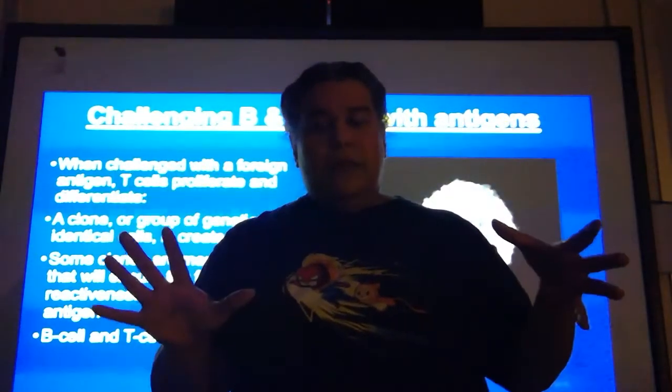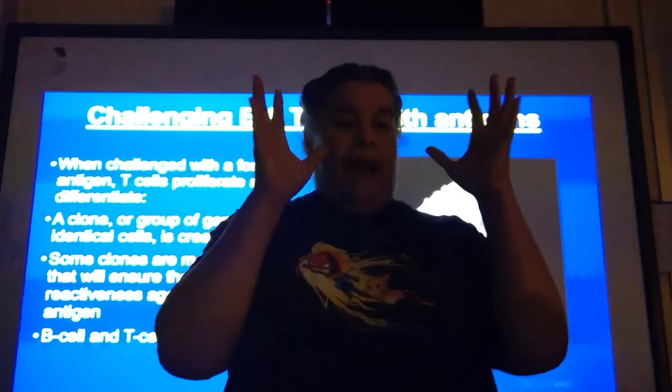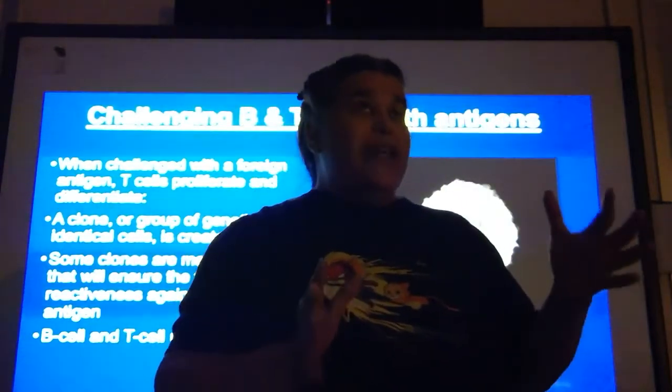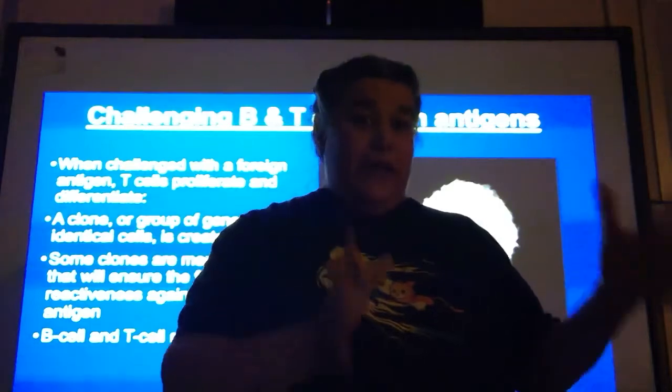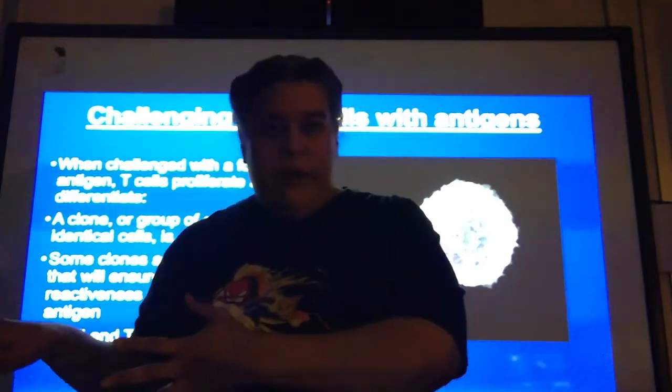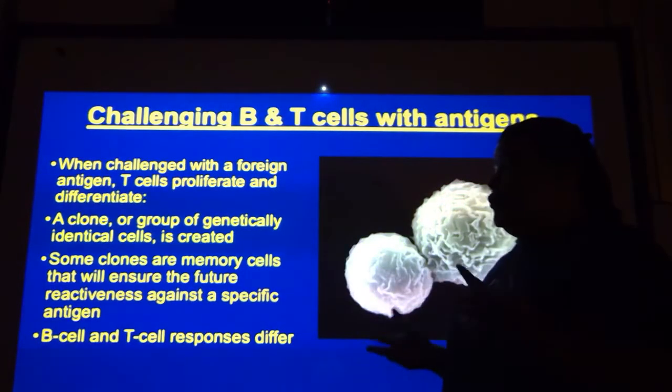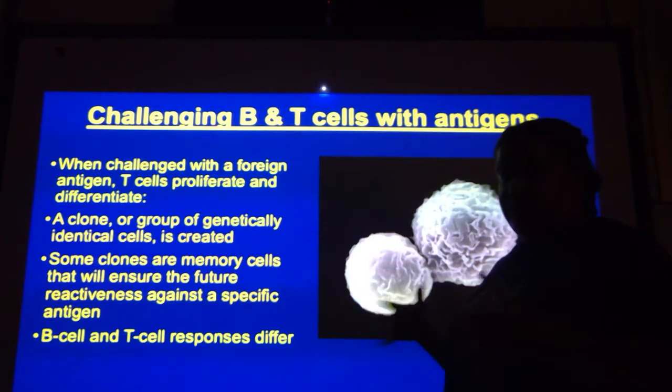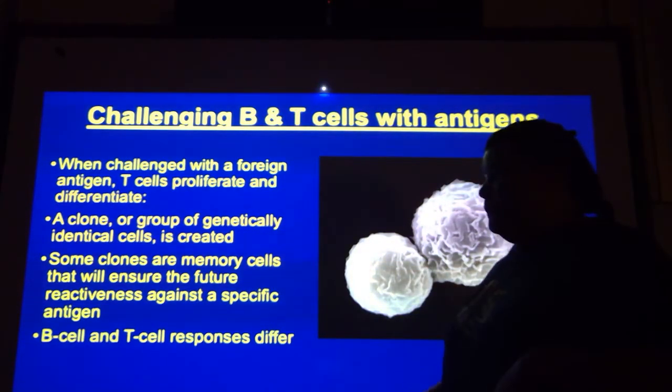It depends. So I'm just going to say for now, I make a population, usually a larger population, of effector cells and then memory cells that, again, get put away for later. The memory cells ensure future reactiveness against that specific antigen, whatever it was presented with or challenged with.